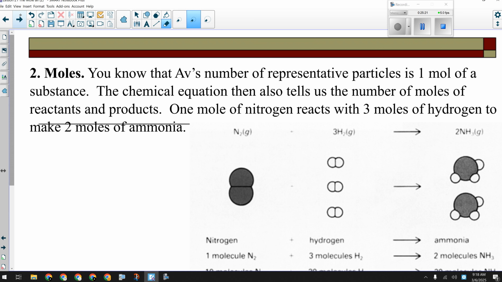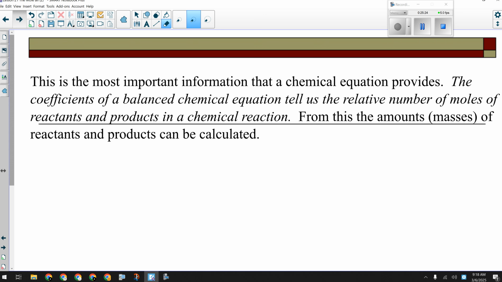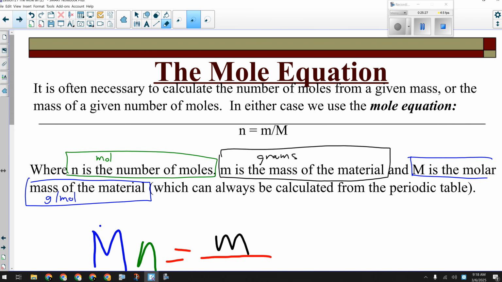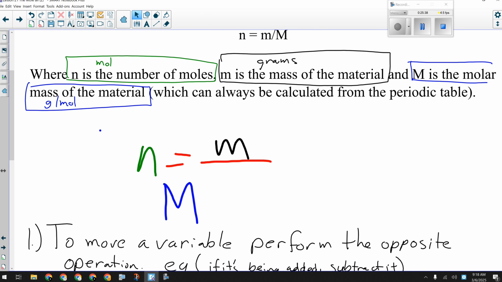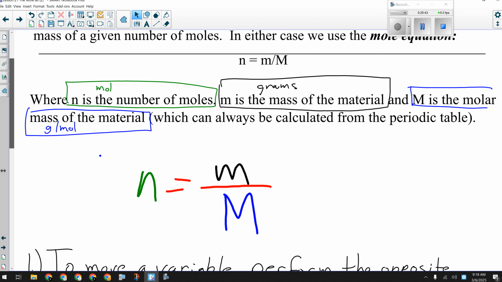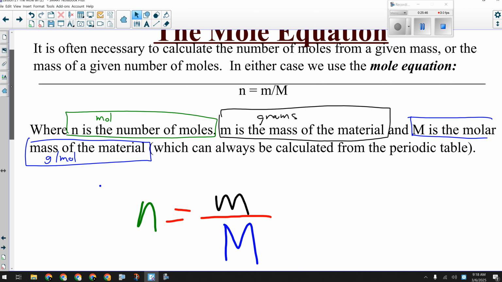Okay, so we talked about the ratios part there. Now, let's talk about the mole equation here. Our mole equation sets up as n equals little m over big M, where n is the number of moles, little m is the mass, always in grams, and the capital M is the molar mass, the thing we were just learning how to calculate a few minutes ago.